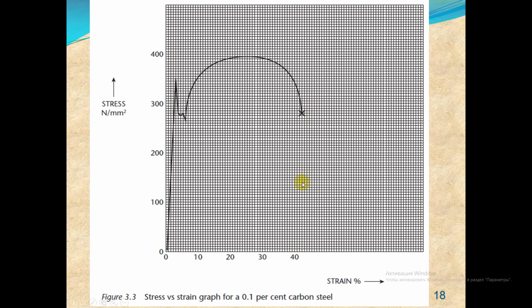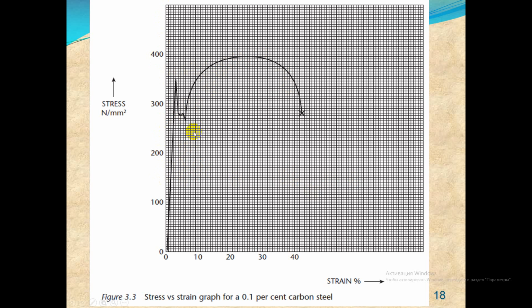What happened to the steel as it was strained from zero to the point of fracture? What processes occurred inside the metal that resulted in the stress-strain graph being of the form that we observed?